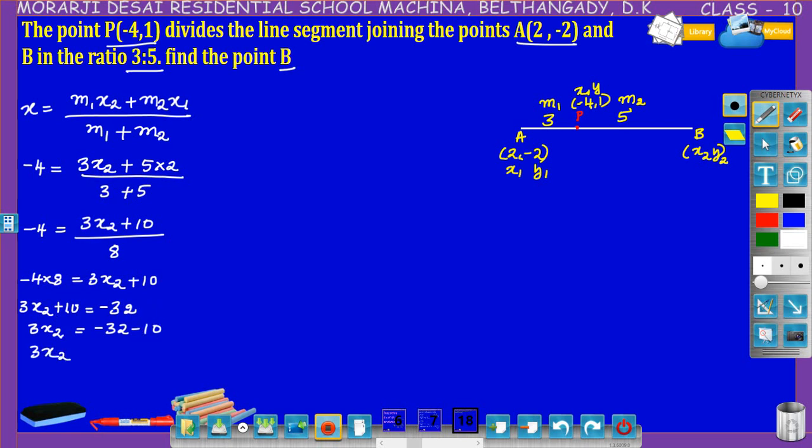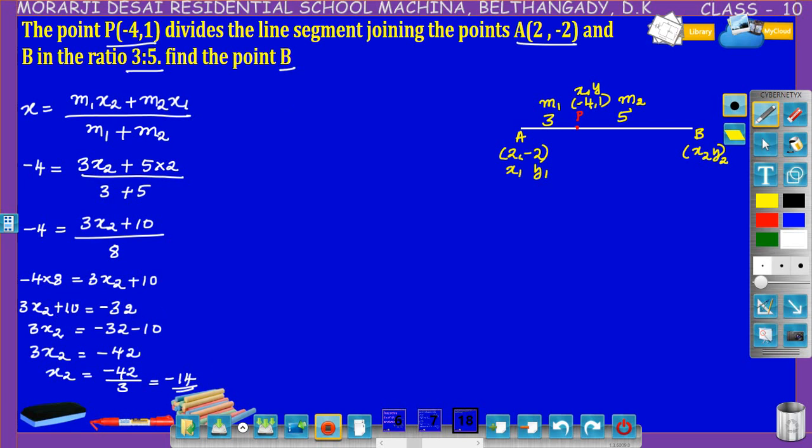So 3x2 is equal to minus 42. x2 is equal to minus 42 by 3, is equal to minus 14. So x2 is equal to minus 14.